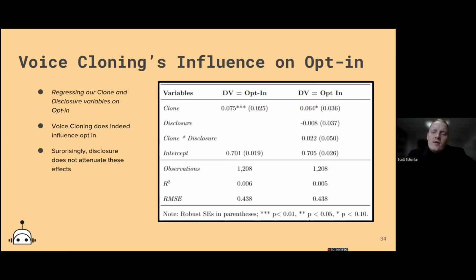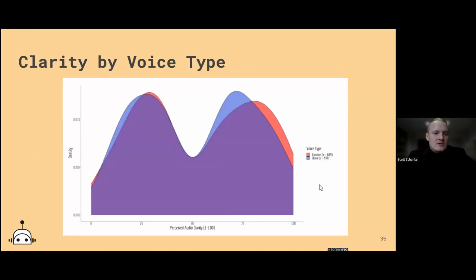But when we add our disclosure dummy, we find that this does not necessarily attenuate these effects, which is somewhat interesting, as some other papers, like Shuming from Temple, talked about how disclosure drastically influences individuals' willingness to trust and complete customer service interactions. So at least through this experimental setup, disclosure may not attenuate any of the homophily perceptions.